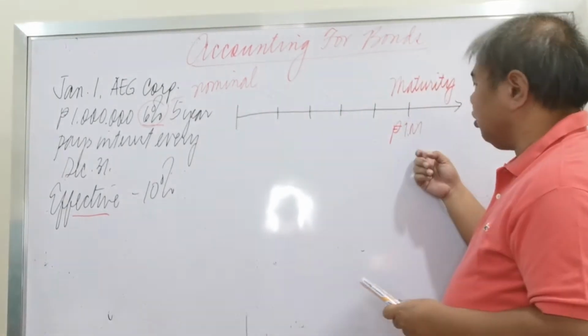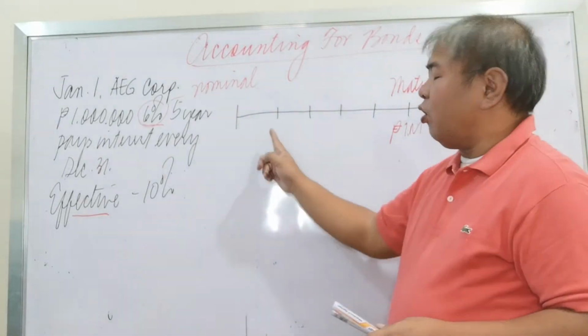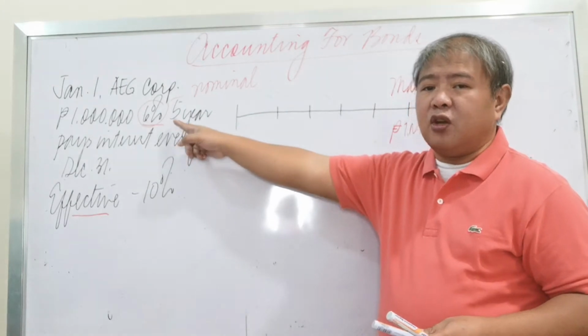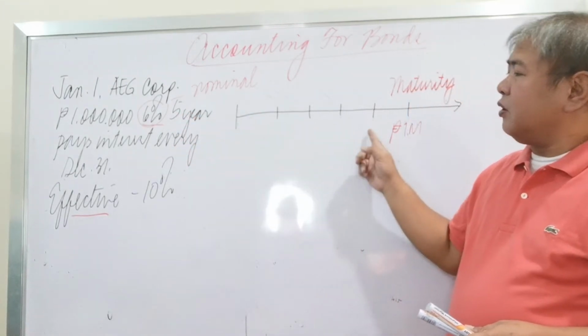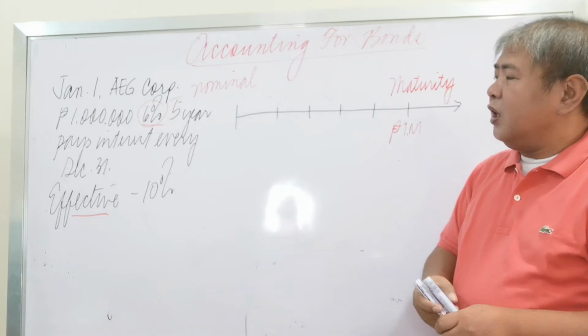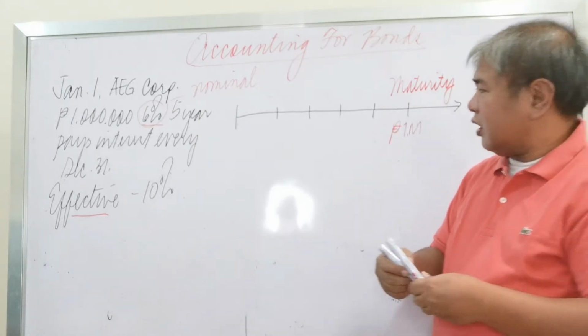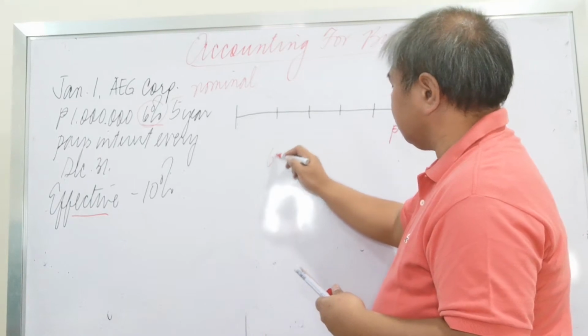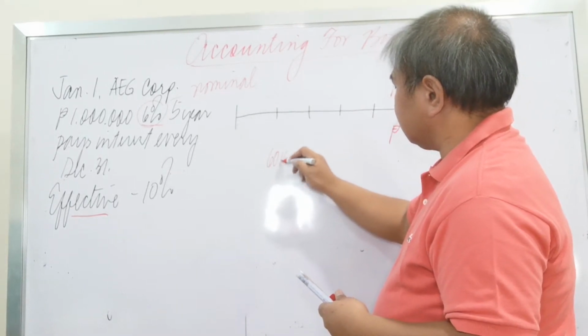So 1 million, but apart from this one, he also promises to pay the interest of 6%, the nominal interest, every December 31st. So what is 6% of 1 million? I guess that's 60,000. So every December 31st, he will have to pay 60,000 pesos.